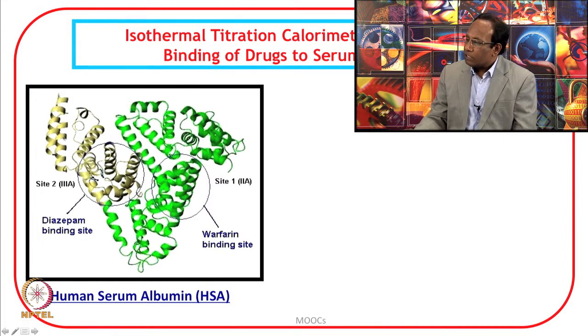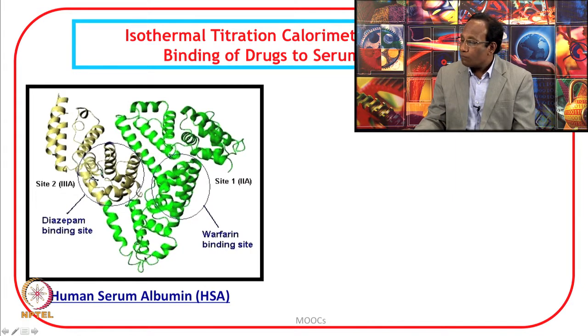Nevertheless, because of the heart-like structure and the kind of shape it presents, a variety of molecules can bind to it. Two sites have been identified: site 1, which is the warfarin binding site, and site 2, which is the diazepam binding site, which are the major binding sites for a variety of ligands on this protein. Fatty acids can also bind very easily to this protein.